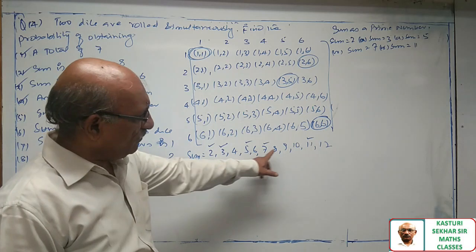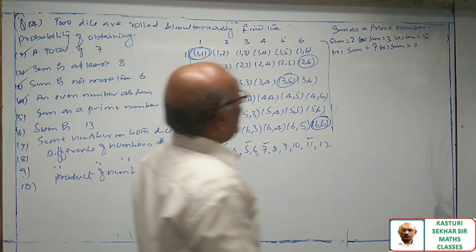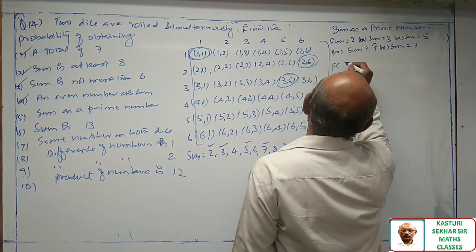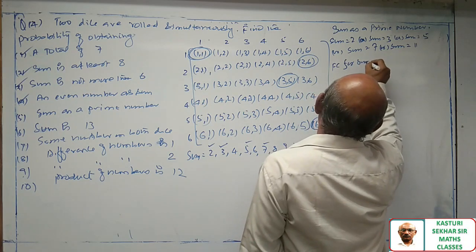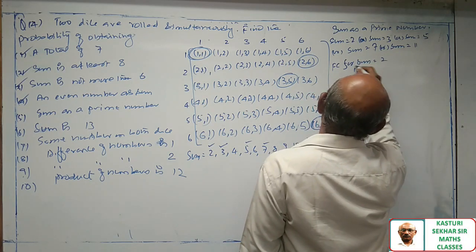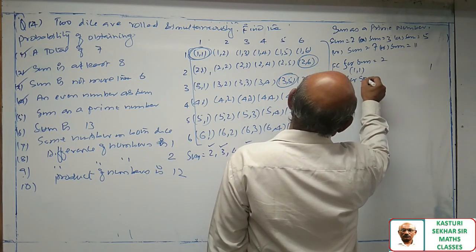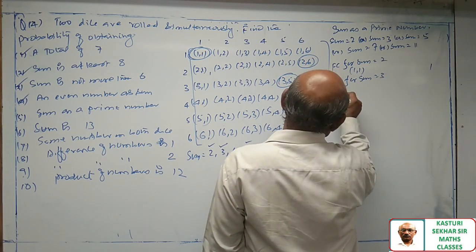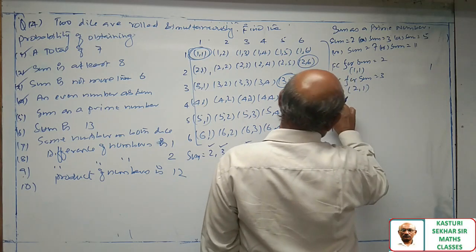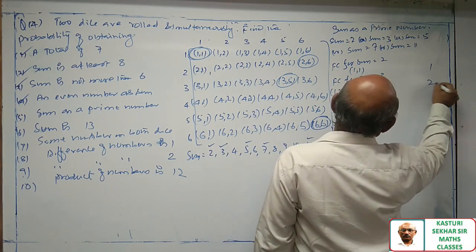So 5 cases. Calculate favorable cases. For sum is equal to 2: 1 comma 1, only one case. For sum is equal to 3: 1 comma 2, 2 comma 1, 2 cases.